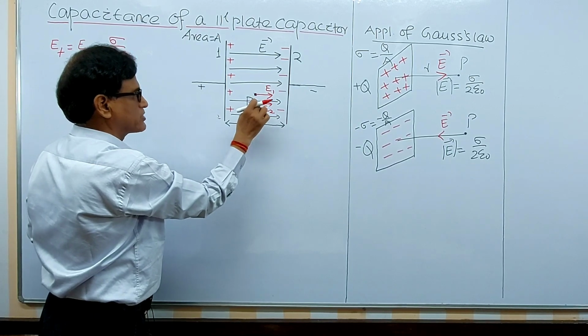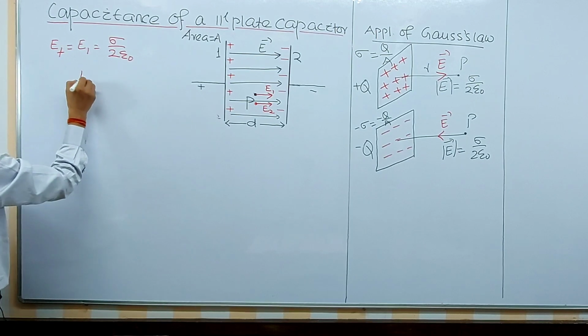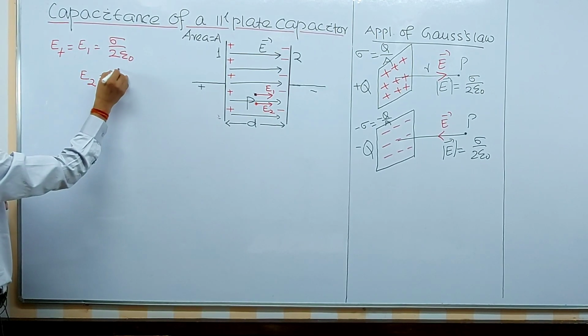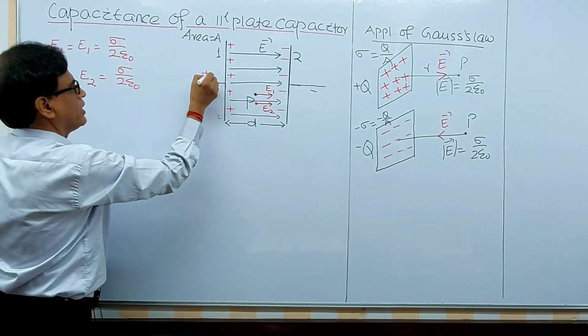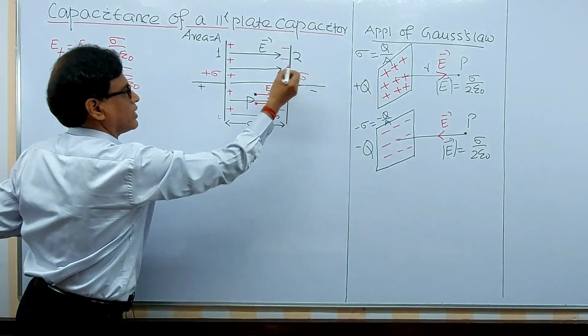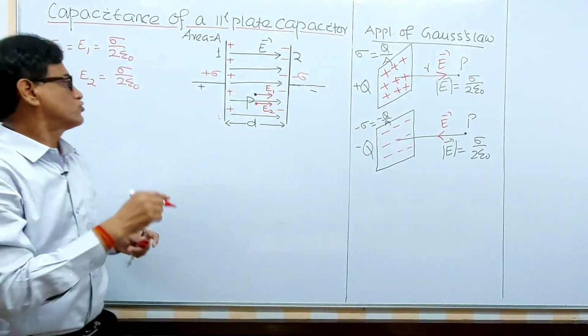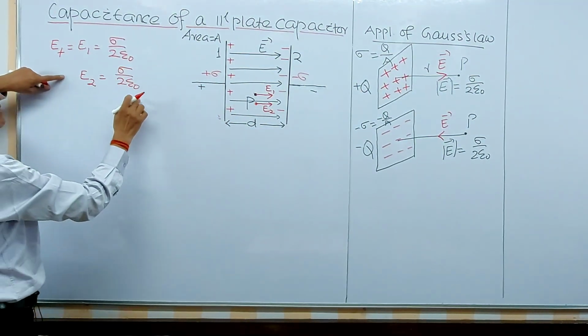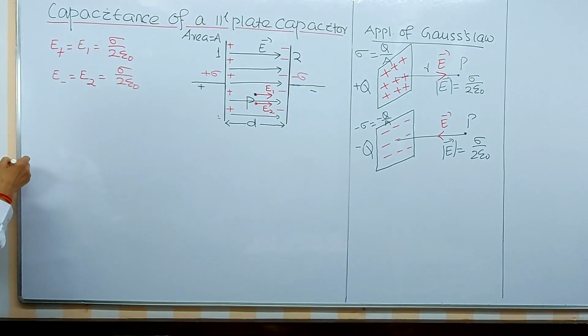So E2 in magnitude: this is plus sigma, this is minus sigma, one positive and one negative, but in magnitude both are the same. So E2 equals sigma by 2 epsilon 0, that is E minus.